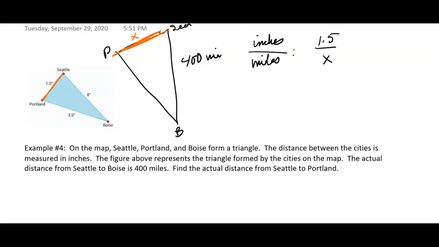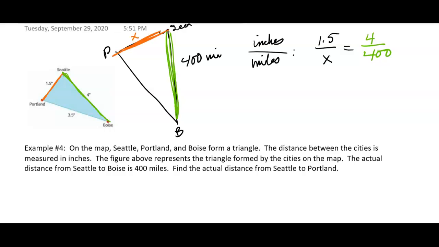So I'm comparing 1.5 to x. And then I'm going to do the other distance that I know. I know the 400, Seattle to Boise, is 4 inches. So it's going to be 4 inches to 400 miles. Okay? So that's how it's set up.